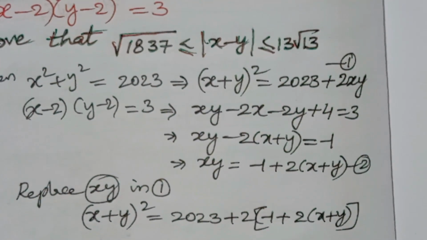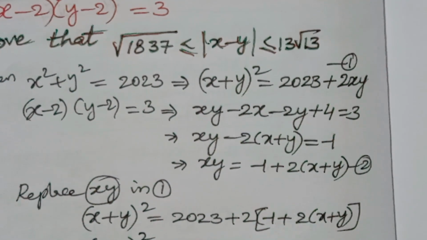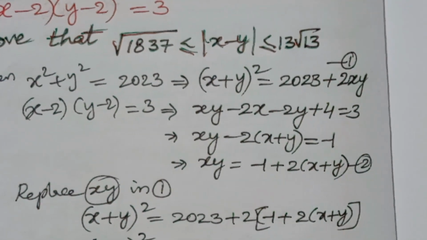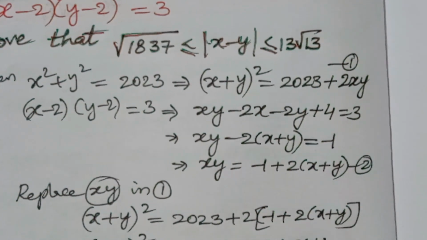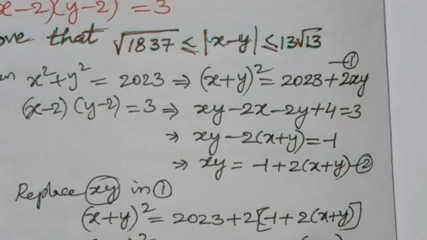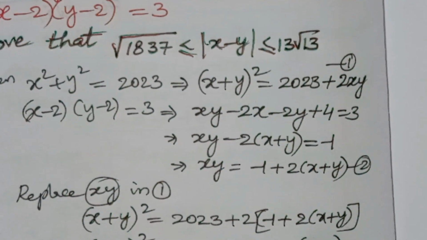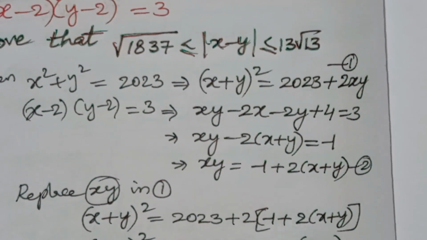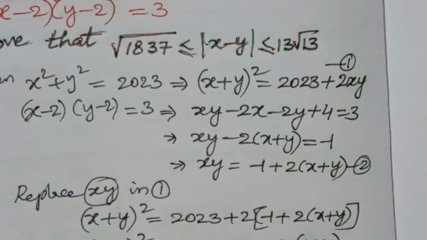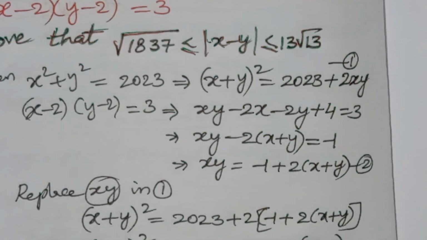So (x plus y) whole squared is equal to 2023 minus 2 plus 4(x plus y). That implies (x plus y) whole squared minus 4(x plus y) minus 2021 is equal to 0.